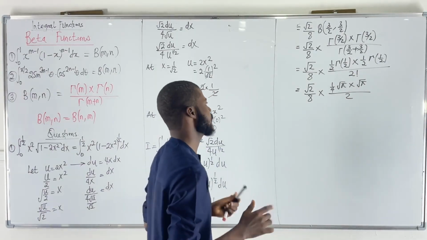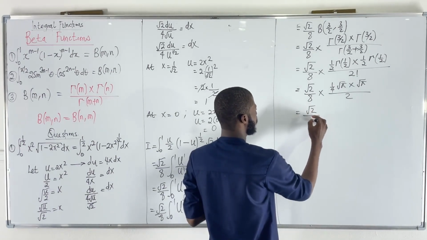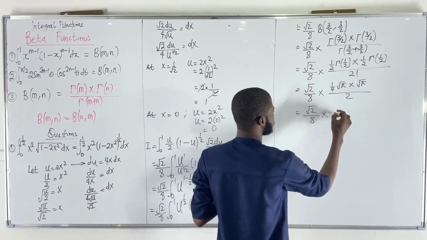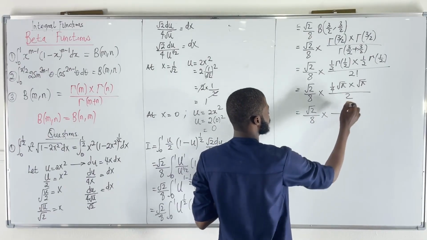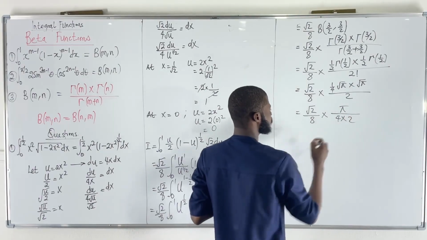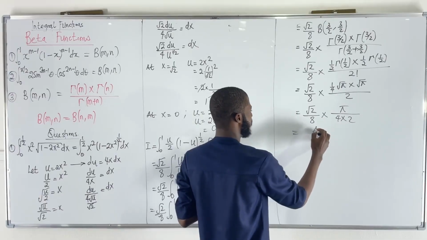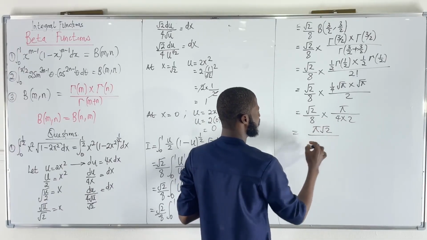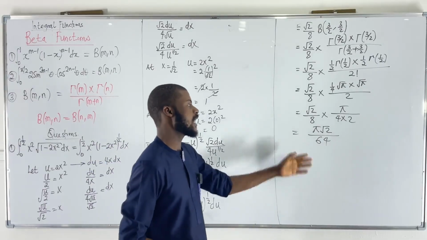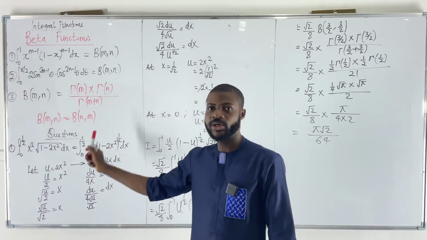Okay, so this is root 2 over 8 times, now this 1 over 4 can come down. So I just have root pi times root pi, which is just pi. The 4 should come down, that will be 4 times 2. So what will be the answer to this? This will become pi root 2 divided by 64. So this becomes the answer to the equation. This is the answer to this very question.